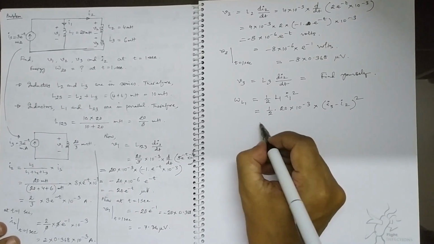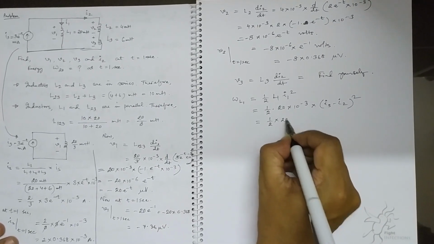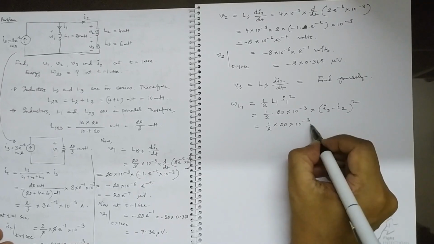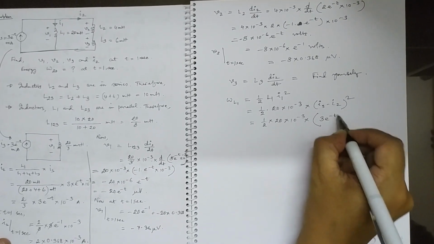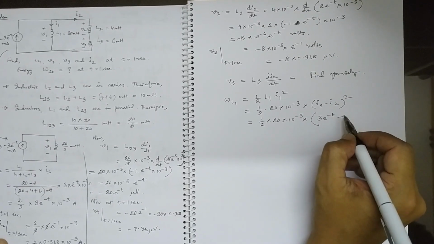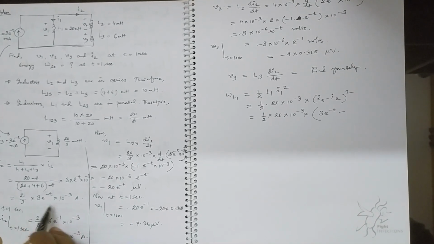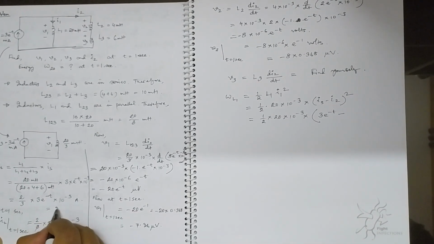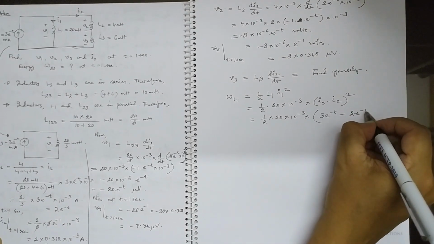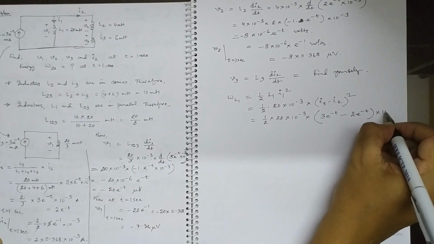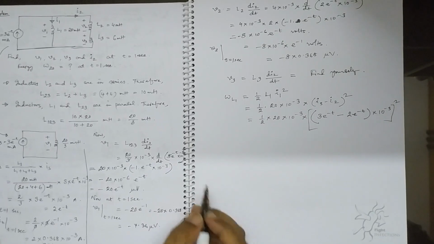So we can write half into 20 into 10 to the power minus 3 into Is, which is 3 e to the power minus t, minus I2, which we have found to be 2 e to the power minus t into 10 to the power minus 3, and this is whole square.